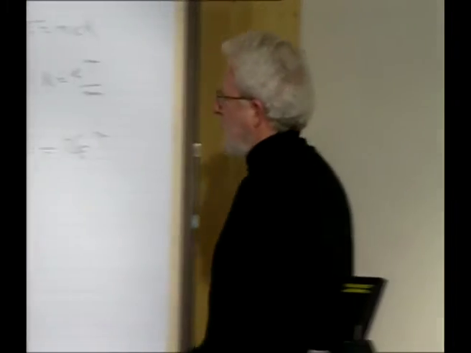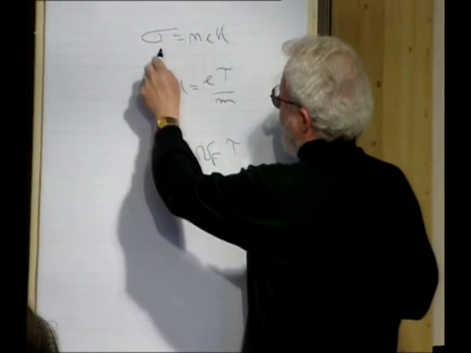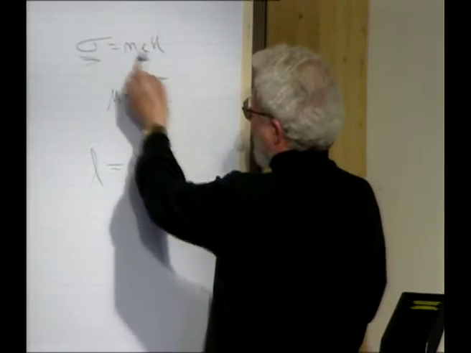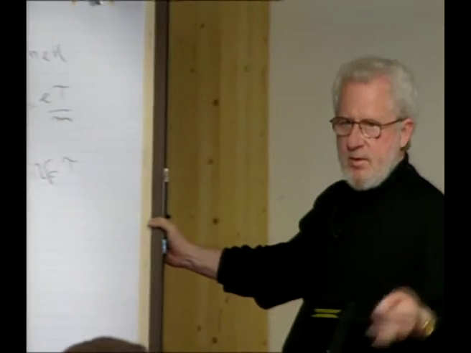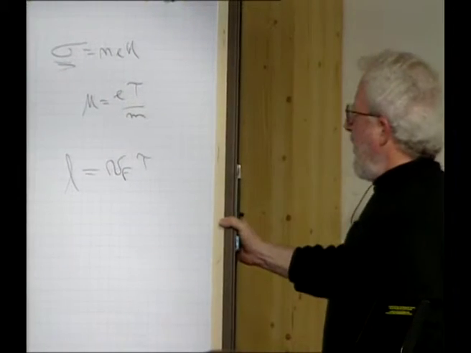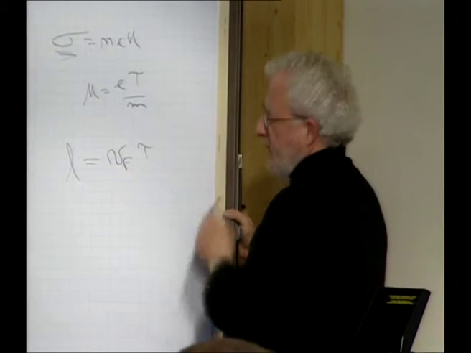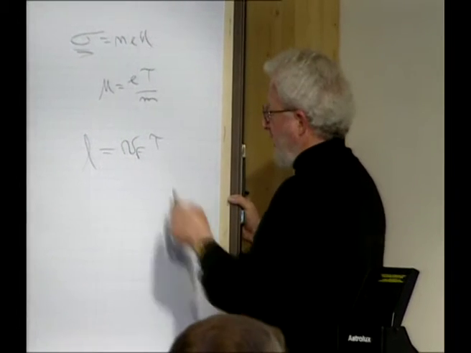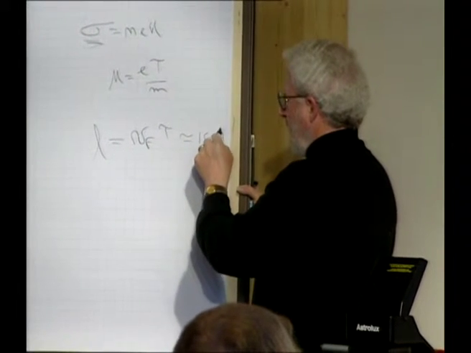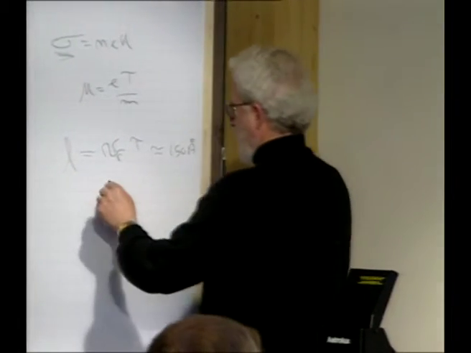And if you play this game, if you take the electrical conductivity of copper and take the number of electrons per unit volume of copper, both of which are very simple, there's 1 electron per atom, you know the density, you'll calculate the tau, and we know the Fermi velocity is something a few times 10 to the 8th, but the answer comes out to be about 150 angstroms at room temperature in copper.